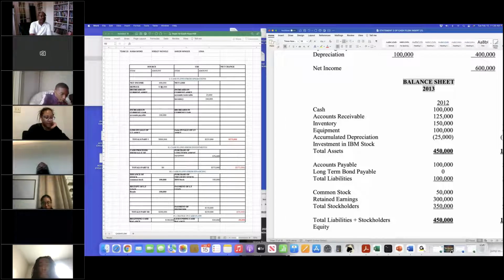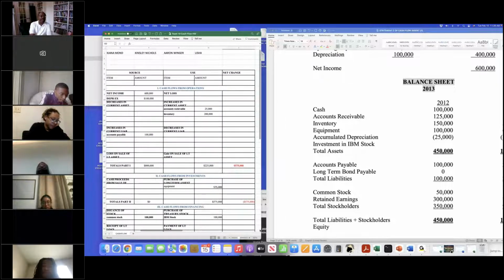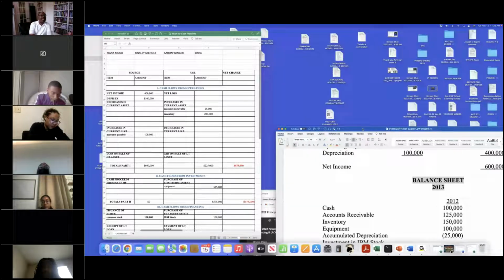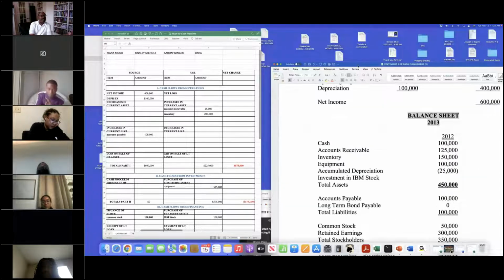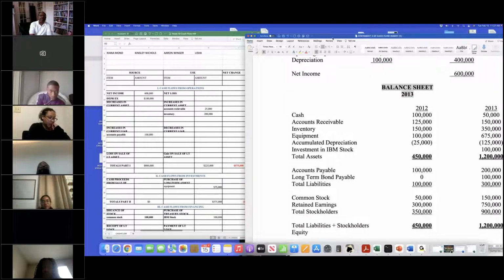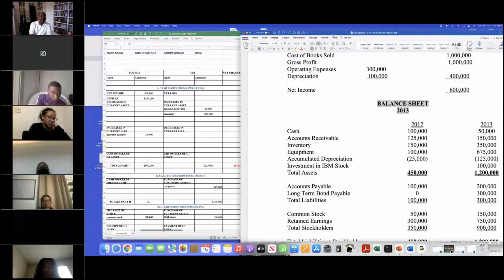Third thing, payment of dividend. It's going to be depreciation. And the next was depreciation. And we look in here and it tells depreciation was 100,000. What's next? Inventories. Did it have dividends?